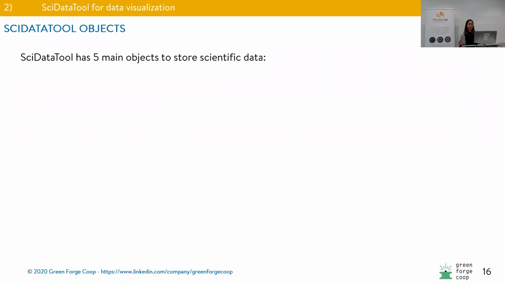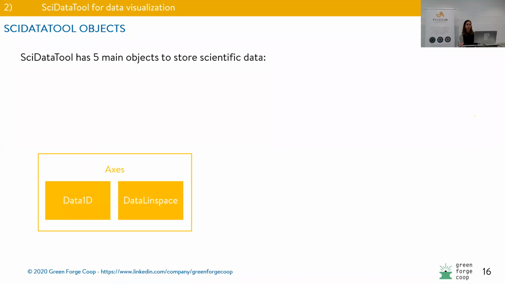Just to explain the idea of SciDataTool, it has 5 main objects. First we have the axes. Those are 1D objects, for example, time, angle, the radius, the z direction, etc. There are 2 objects to store that. We have Data1D, which is simply a storage of this vector.